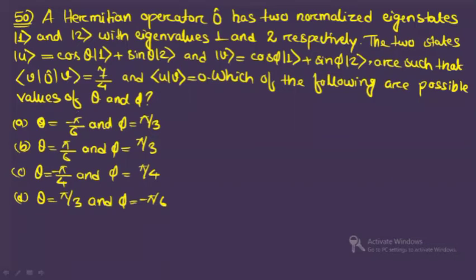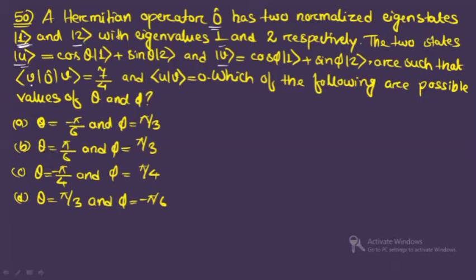So here it is said a Hermitian operator has two normalized eigenstates ket 1 and ket 2 with eigenvalues 1 and 2. These are the two eigenstates of the Hermitian operator O, and the eigenvalue for ket 1 is 1 and for ket 2 is 2. The two states are given to us: ket u is equal to cos theta ket 1 plus sin theta ket 2, and ket v is equal to cos phi ket 1 plus sin phi ket 2.